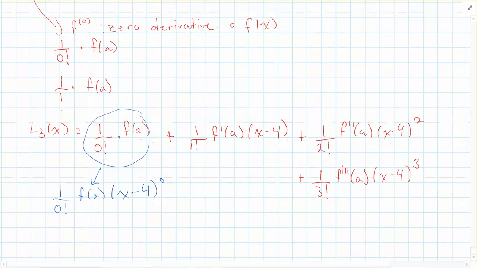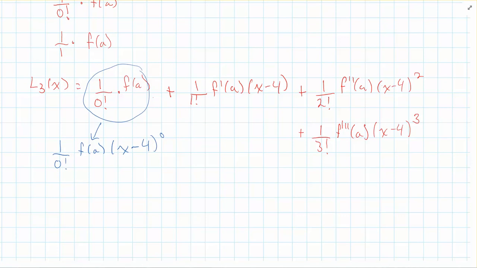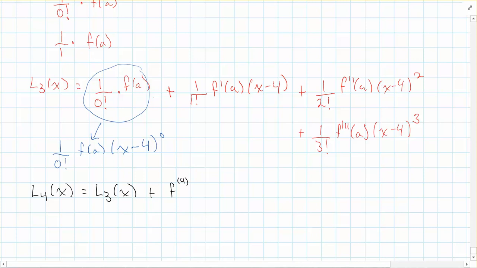Now, following this pattern, and I know this video is getting a little long, but we're almost done. L4 at x would simply be L3 at x plus, let's see if we can guess, the fourth derivative over 4 factorial times x minus 4 to the 4th power.